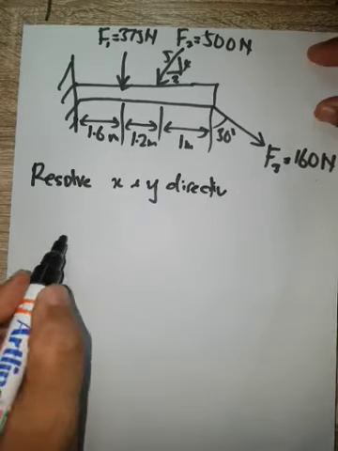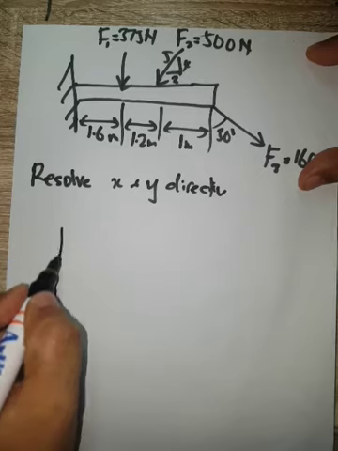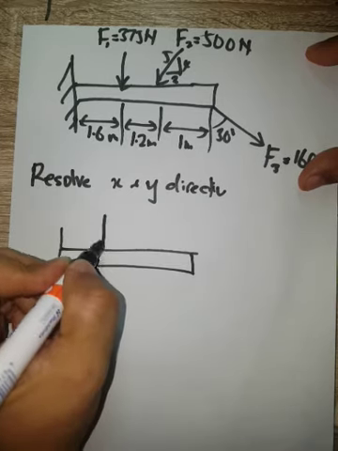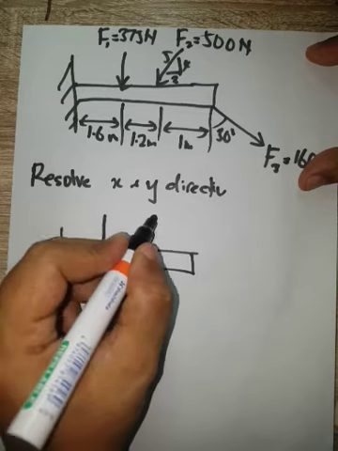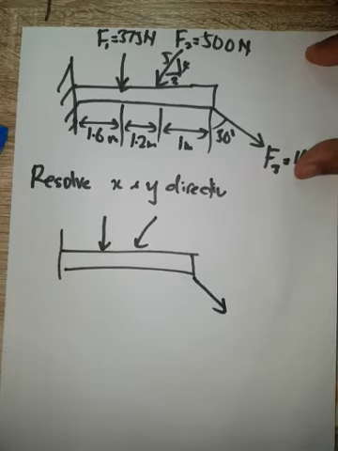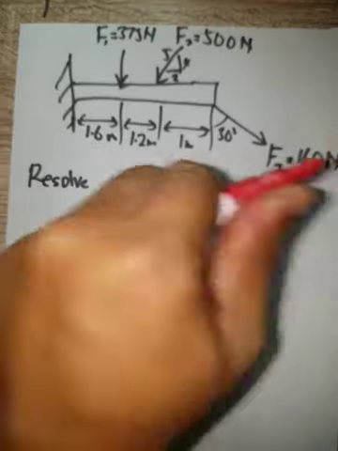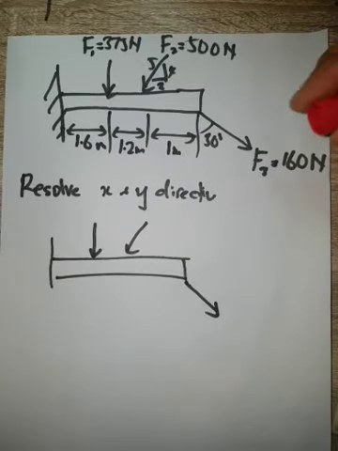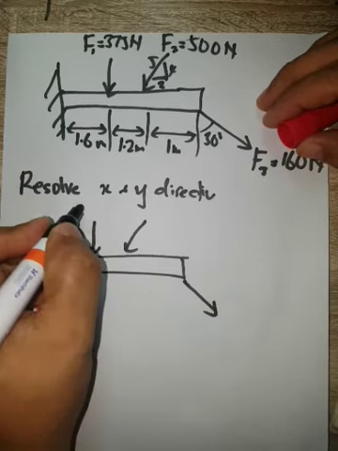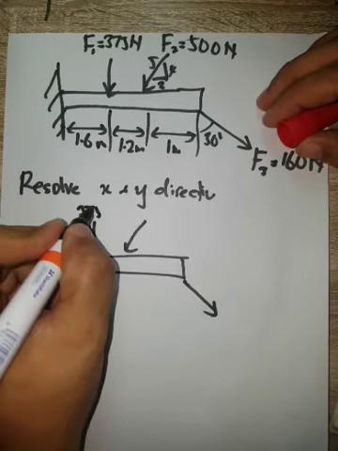If we draw the beam again with its forces, the first force, the second force, and the third force, we need to define each one. For the first force, we have it directly in the Y direction at 375 Newton.